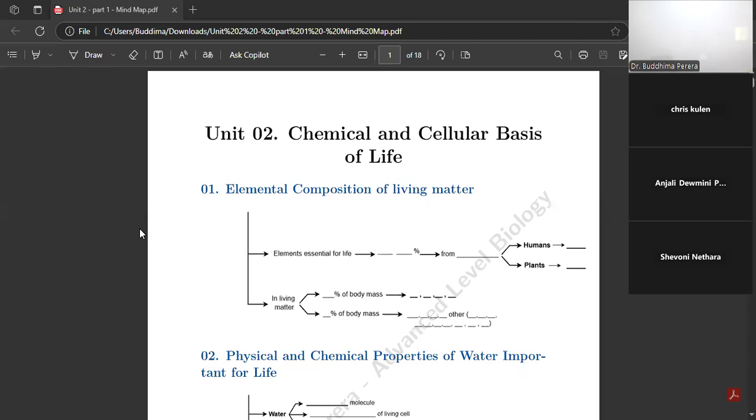So go take the mind map of unit 2. Today I'll discuss from unit 2, the basis of life.